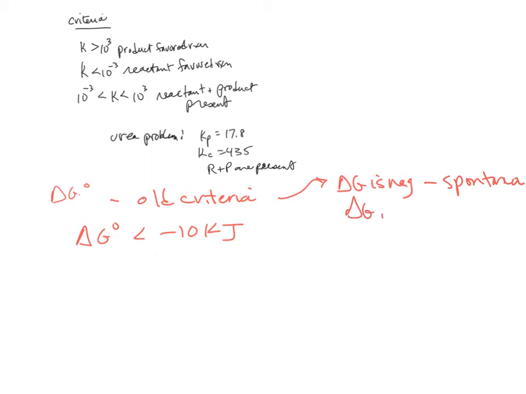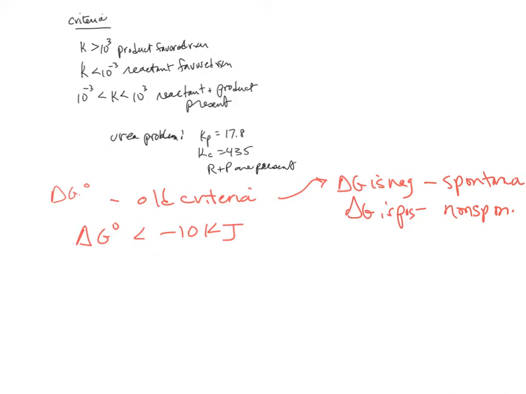If delta G is positive, non-spontaneous. And if it's 0, the system's at equilibrium.